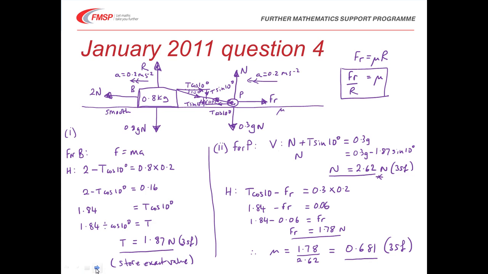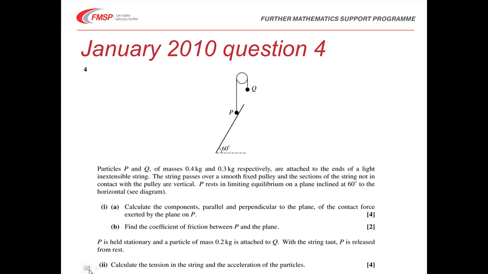Good. Let's proceed to the last question, which is a pulley question. And I've selected this one because on the page it looks rather unpleasant.